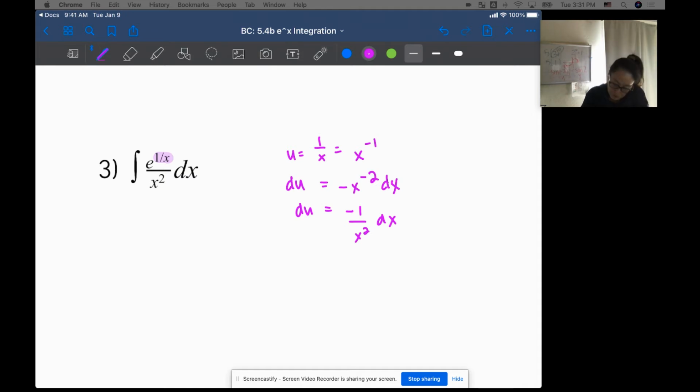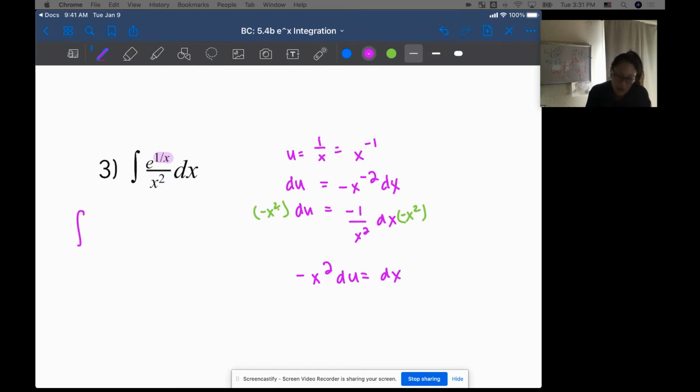And then I'm going to multiply both sides by x squared, and by negative 1. So I get negative x squared du is equal to dx.